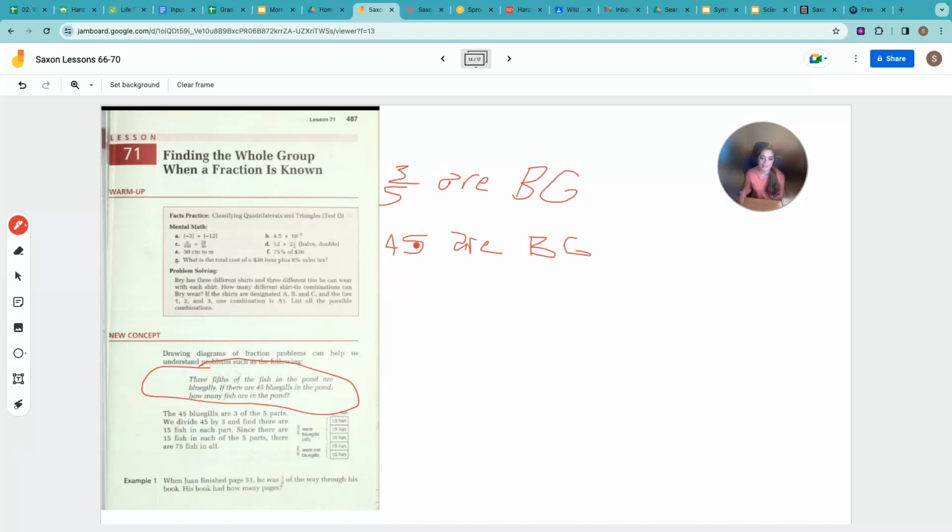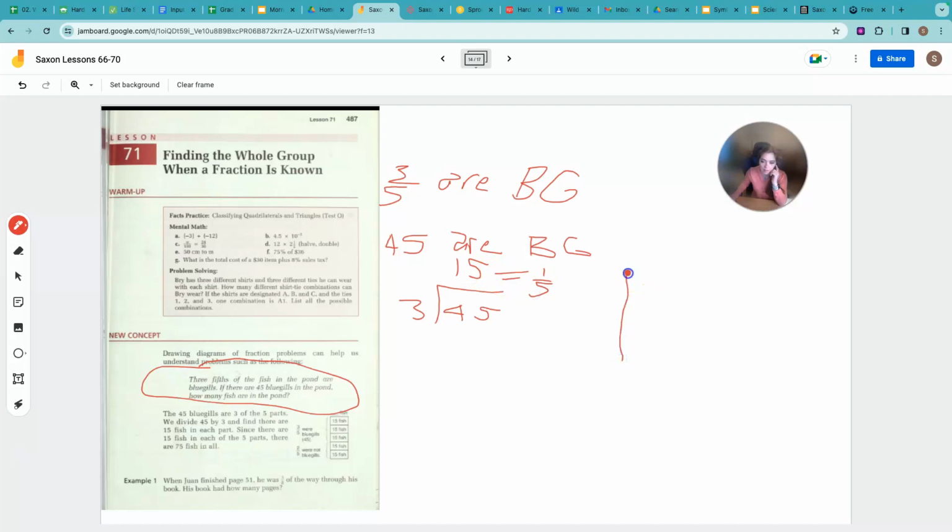We can then times that number by 5 and we'll get our answer. So we know that 45 is equal to 3/5 in this problem. So we're going to divide 45 by 3. When we do that, we're going to get 15. So we know 15 is equal to 1/5.